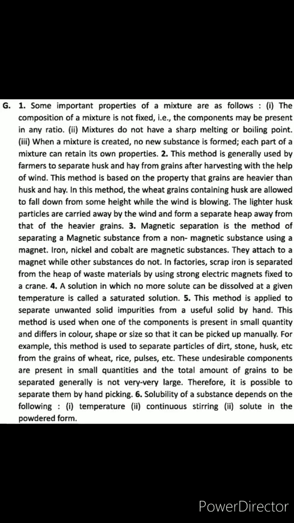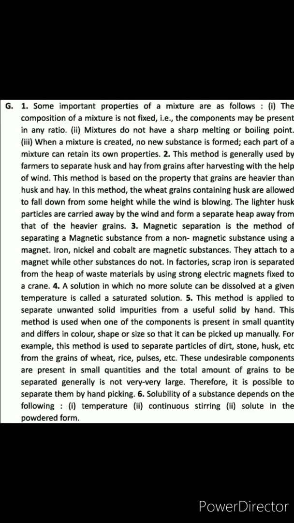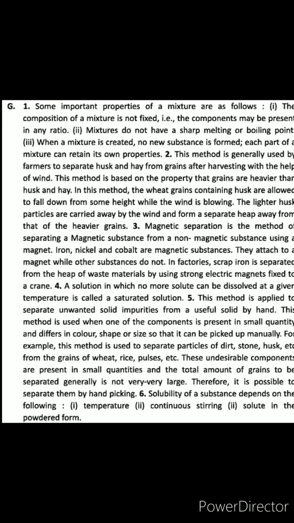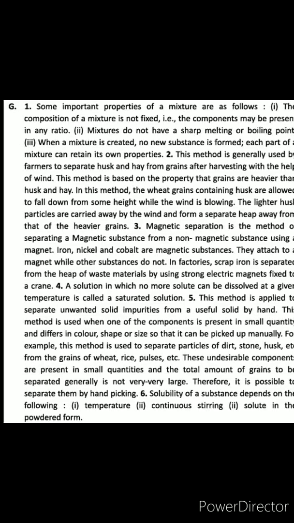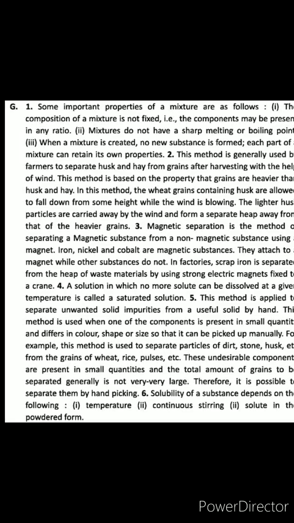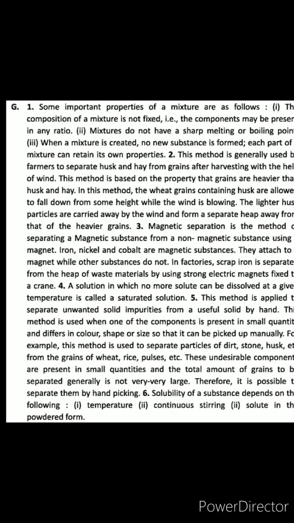For example, this method is used to separate particles of dirt, stone, husk, etc. from the grains of wheat, rice, pulses, etc. These undesirable components are present in small quantity, and the total amount of grains to be separated generally is not very large. Therefore, it is possible to separate them by hand picking.